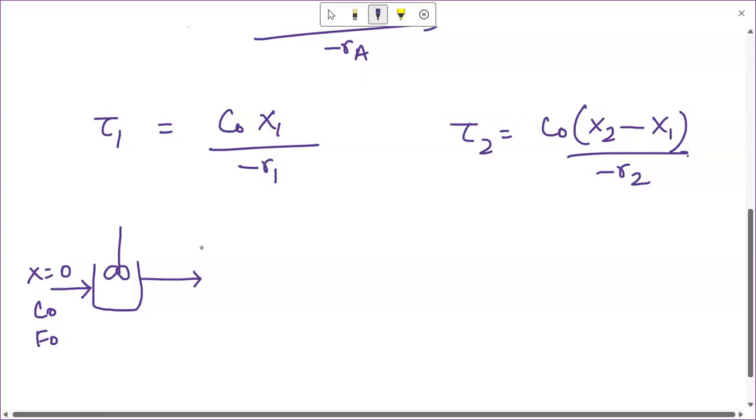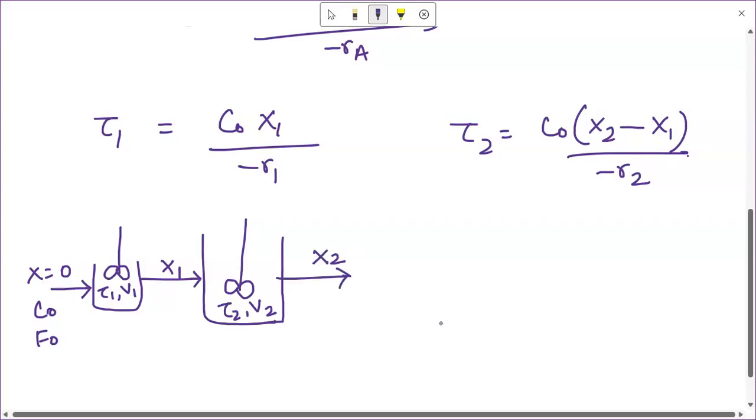From there the outlet goes to a larger reactor. Here the intermediate conversion is x1. This is tau 1 V1, and this is tau 2 V2, and the final conversion is x2. This is one configuration.